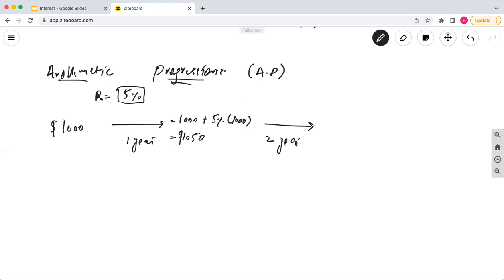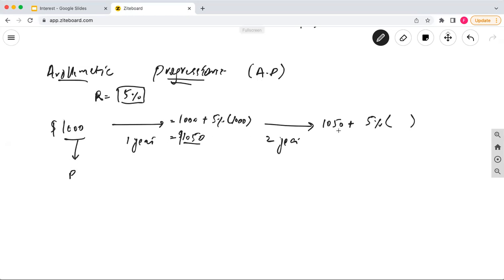So what will be the total value? 1100 in the second year. Yes. You can also see that this is the value 1050 plus 5% of what value? 5% of 1050 or 1000? 5% of 1,000. Yeah.